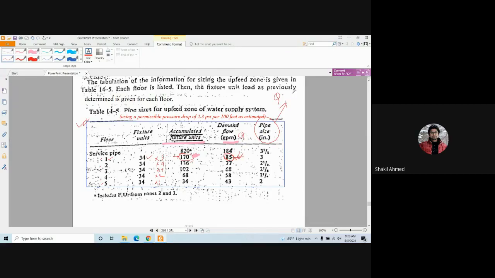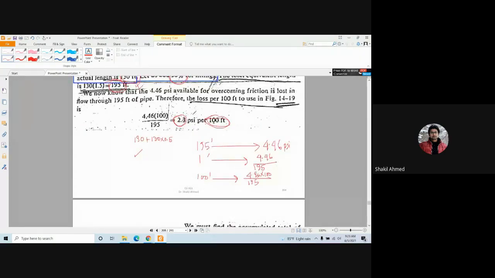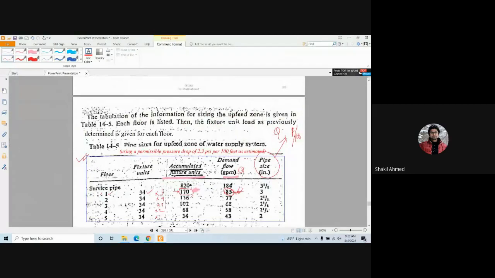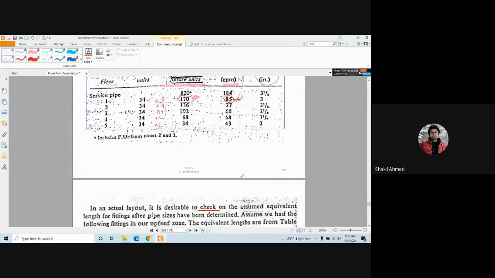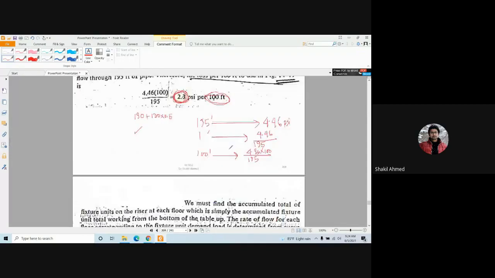Another is pressure drop per 100 feet, which you have already calculated from here, 2.3 psi. So this is Q, 85, and 2.3. Let's go back to figure 49.